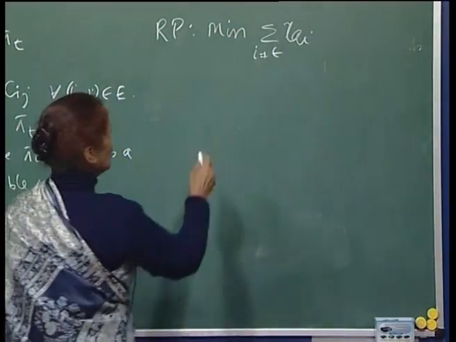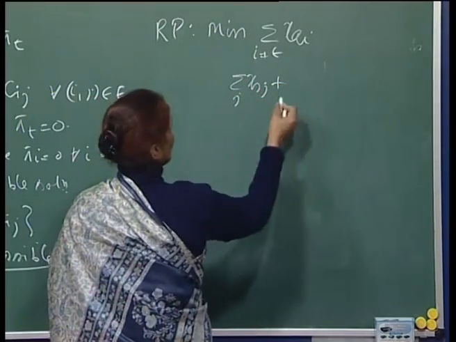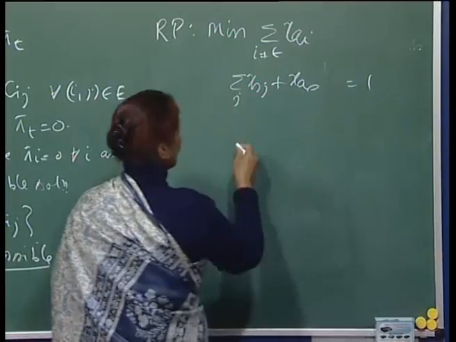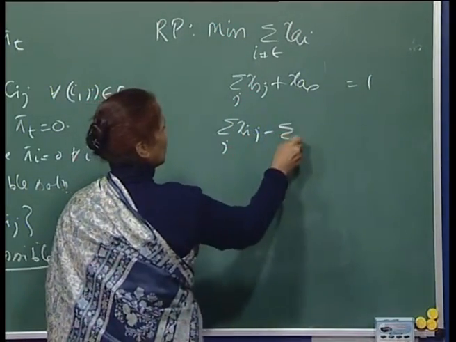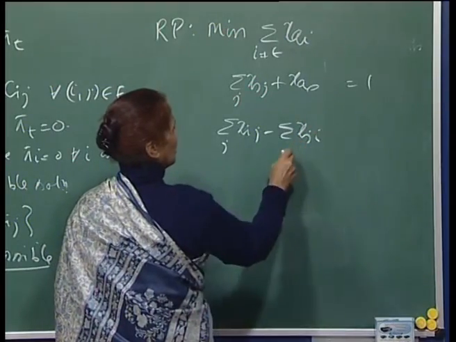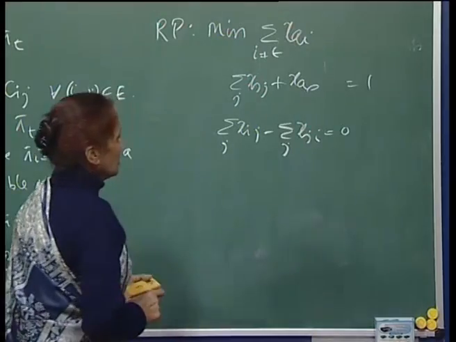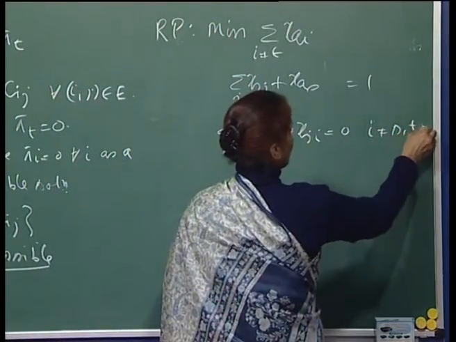Subject to the summation over j of x s j plus x a s equal to 1, and the summation over j of x i j minus the summation over j of x j i equal to 0, where i is not equal to s and t.